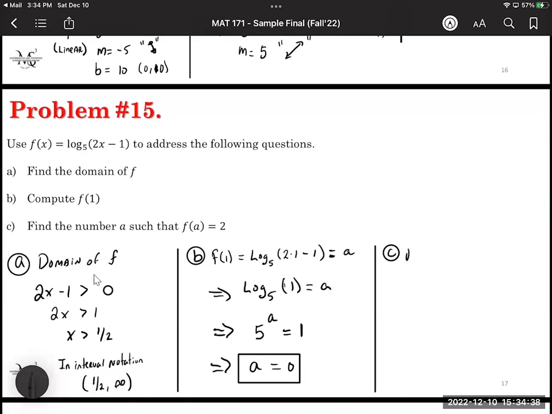In other words, when I plug A into my function, log base 5 of 2A minus 1 must be equal to 2. If you want to solve for A here, rewrite the logarithm as an exponential expression. So what would be the exponential expression here?